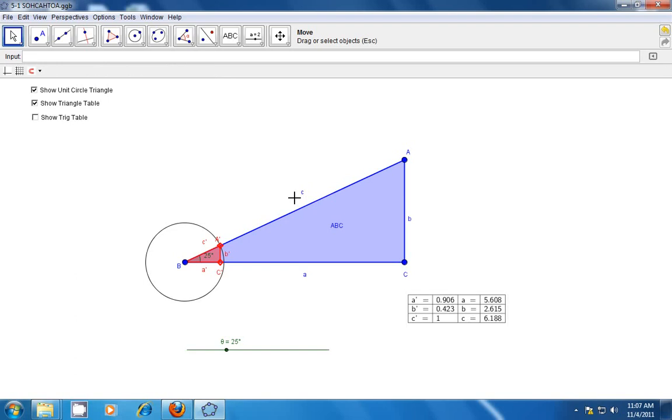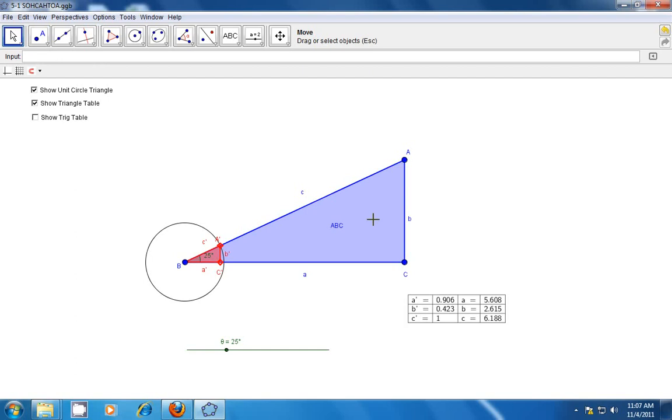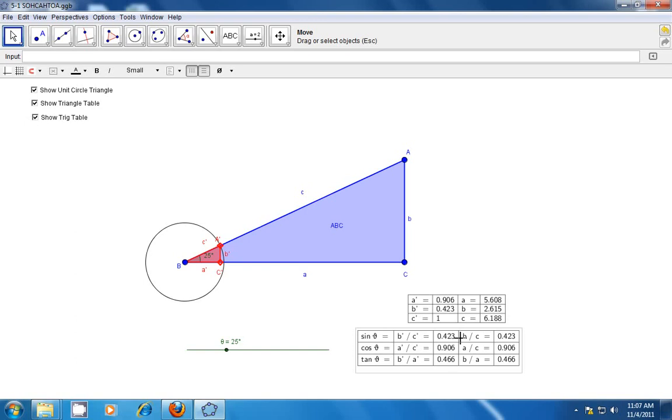And I'm telling you that is going to be the same proportion as if B prime, which is right here in the middle, is equal to 0.423, and C prime, which is always 1 because that's on the unit circle, which always has a radius of 1. To prove that to you, I am going to now hit the trig table because trig says sine will always be B is to C, but that would also be the same as B prime is to C prime.